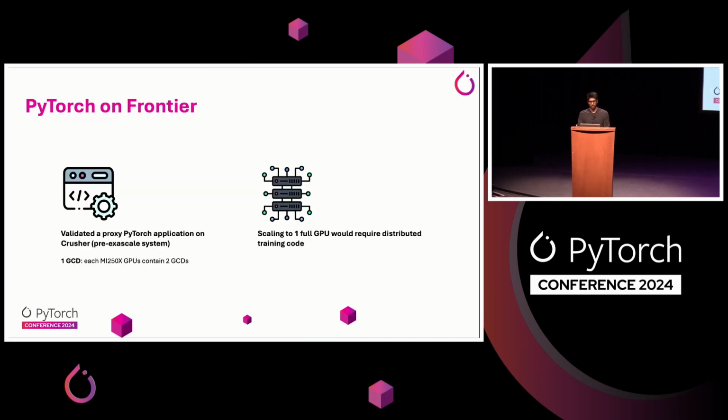Each GPU contains 2 graphics compute dies, so high-level libraries like PyTorch see 2 GPUs. And PIConGPU's PyTorch code was single GPU for NVIDIA GPUs. My role was to test and validate the PyTorch DDP scaling on the AMD MI250X GPUs on Frontier. When we first started, it wasn't clear to what extent PyTorch would scale, especially on AMD GPUs.